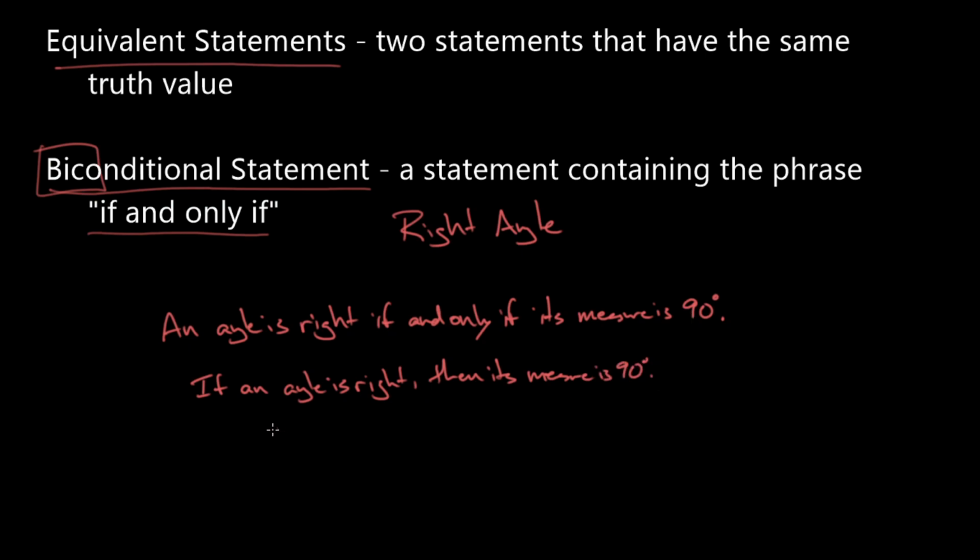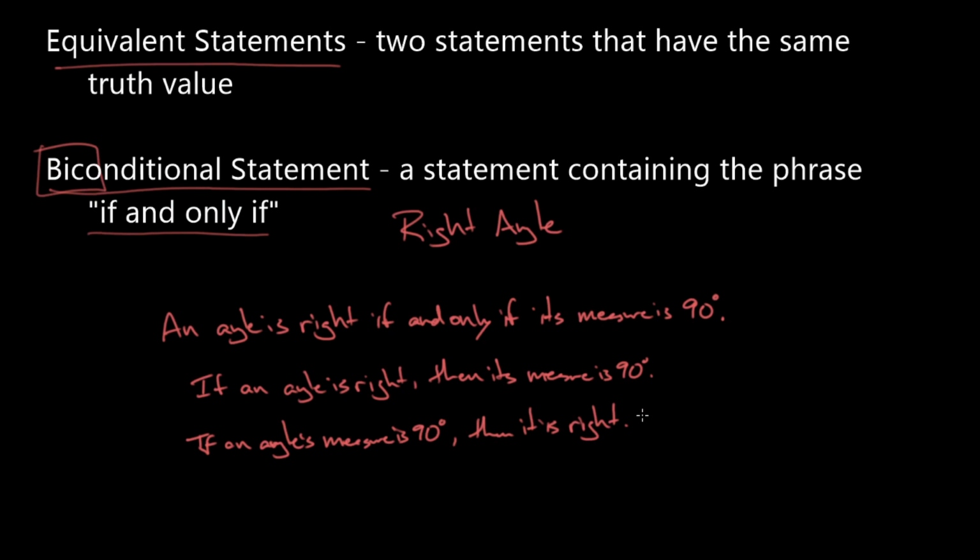And I can write the reverse of this: if an angle's measure is 90 degrees, then it is right. Okay, so I can go in both directions here. Either of these statements is fine.